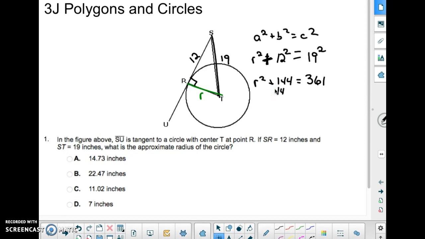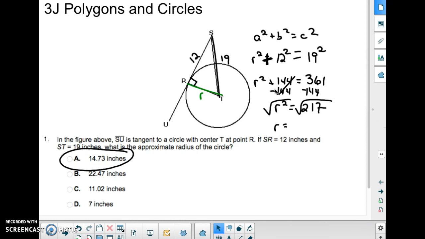Let's subtract 144 from both sides. So we end up with R squared equals 217. To get R by itself, we will want to take the square root. So if we do that on a calculator, give me 1 second here, we end up with 14.73 inches.